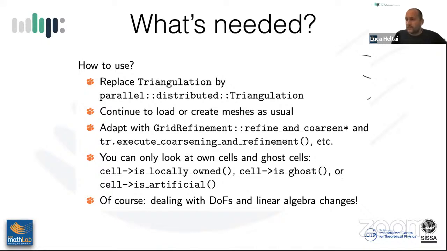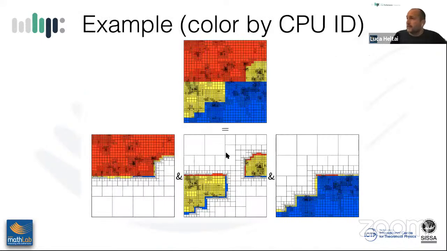So there are artificial cells, which are the white cells that you see here. All of these white cells are just artificial in the sense that they are there in order for you to have a fully working and fully consolidated deal.II triangulation structure, and interpret this structure as a parallel distributed triangulation in which you only know how to work with the locally owned degrees of freedom, locally owned cells.